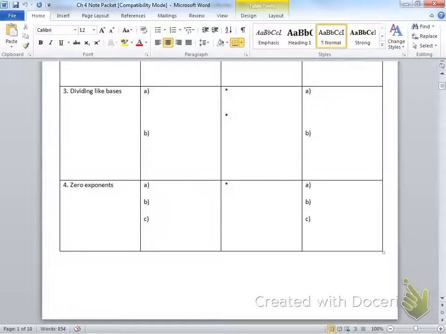All right, dividing like bases. So that would be something like x to the fifth over x to the second. Or we could also do like 4y to the second over 2y to the seventh. Yep.